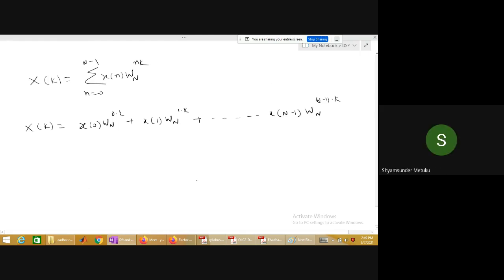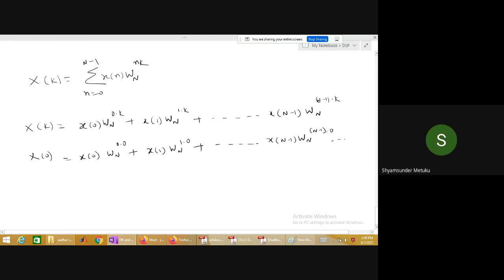If you expand for N terms, k needs to be calculated for how many points? N minus 1 times. If the input is N minus 1, X of k is also N minus 1, no? Yes, sir. So let me write X of 0. Is it okay, correct or not?